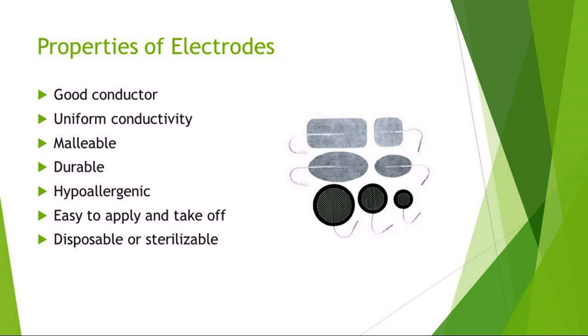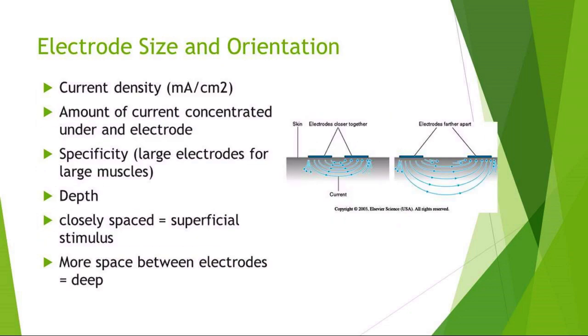And they have to be either disposable or sterilizable. So most disposable electrodes have some guidelines on how many times you should use them. If you are reusing disposable electrodes, you should inspect them every time to make sure they're still intact, and only use them again with the same patient. You don't want to reuse them between patients.